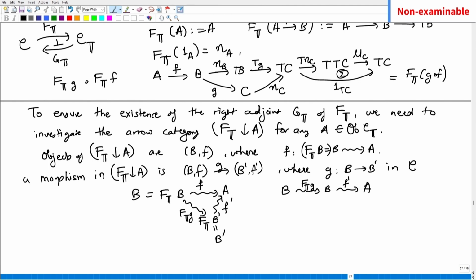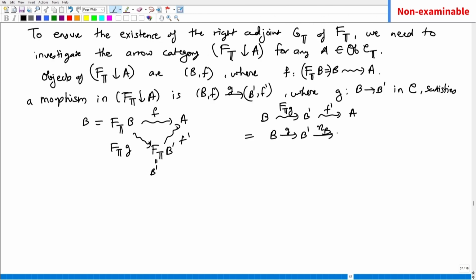Okay, this composition is equal to, you have to first take B to B prime, and that is G, then you have to do eta sub B prime to TB prime, and then we have to take F prime.